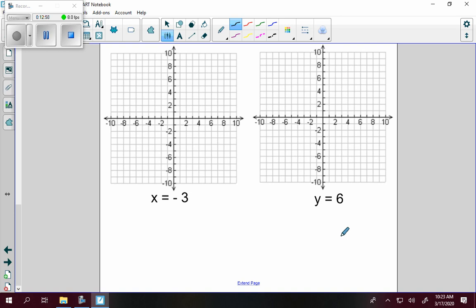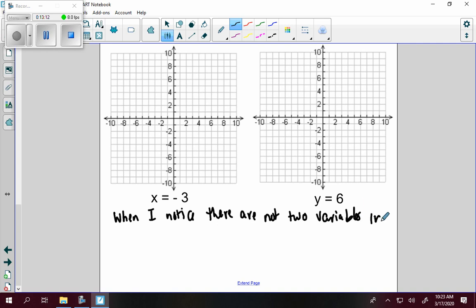So when I notice that there are not two variables in an equation, I am going to plot where the number lies on that axis.